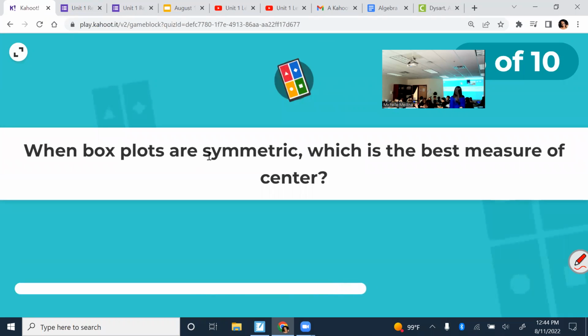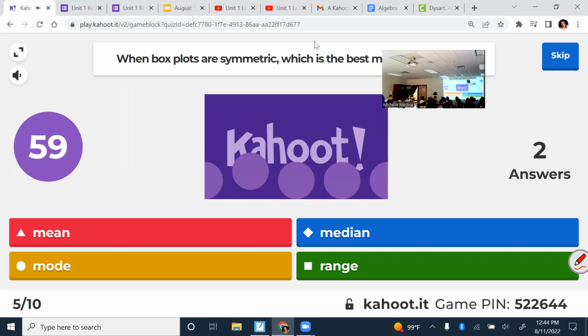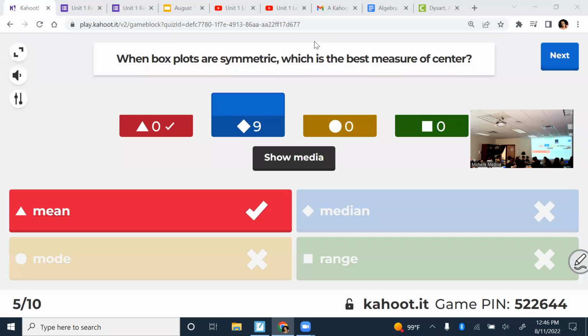When box plots are symmetric, which is the best measure of center? Mean, median, mode, range. Well, at least you guys were kind of on the right track. When we're talking about measures of center, we're talking about a typical value in the data.